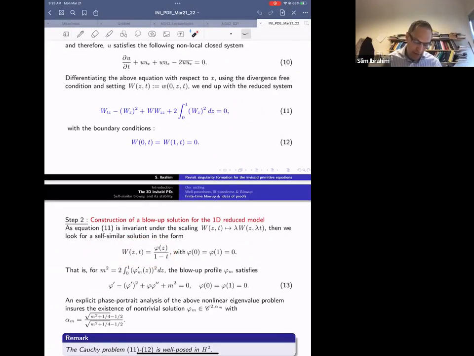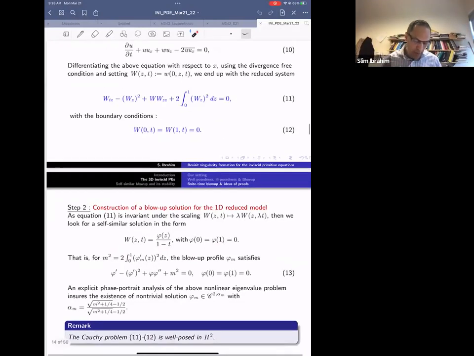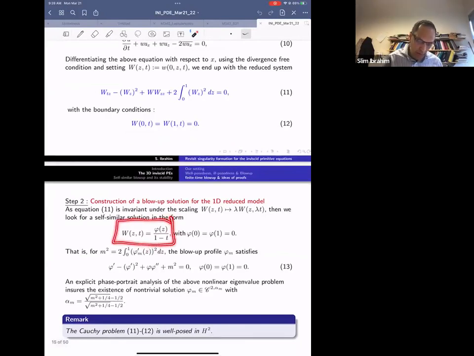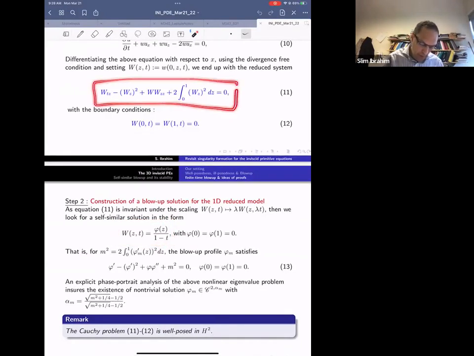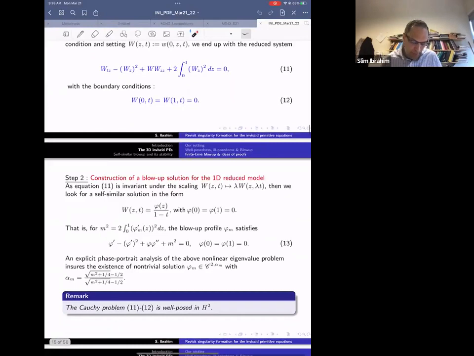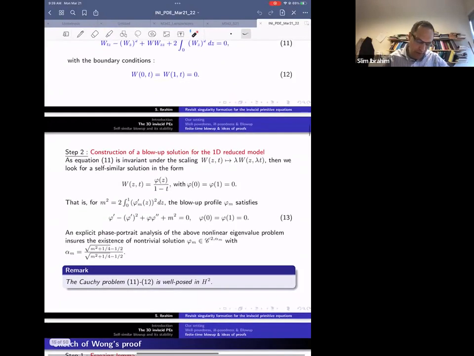At time t equal to 0, it's some function that depends on z, and it blows up exactly at time t equals 1. And this is the boundary condition on w. So when we substituted this ansatz into this reduced model, we got the profile equation 13.